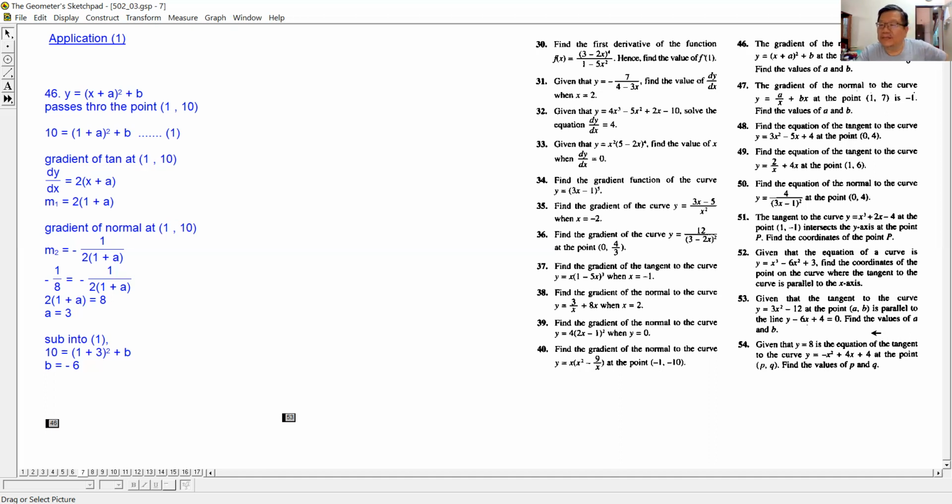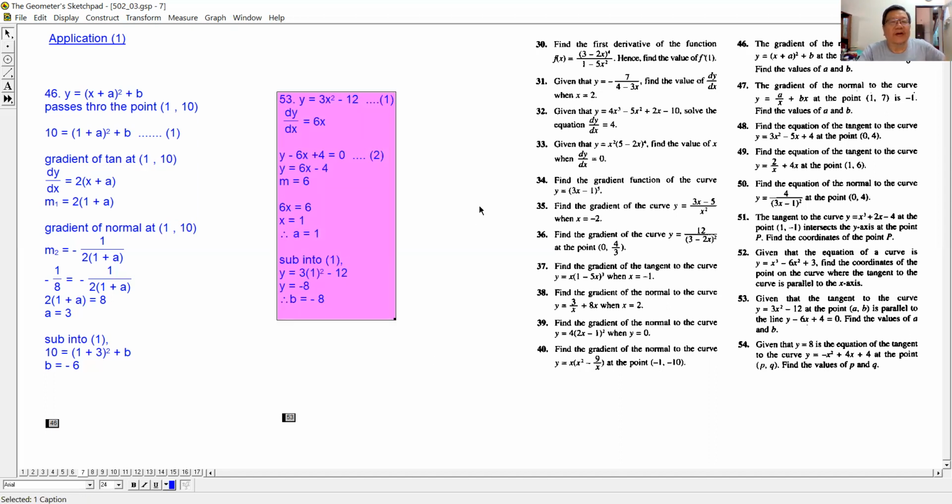So we look at how to do this question. Okay, ready or not? Okay. Now the equation of the curve is y equals 3x squared minus 12. Now this question is about dy dx.